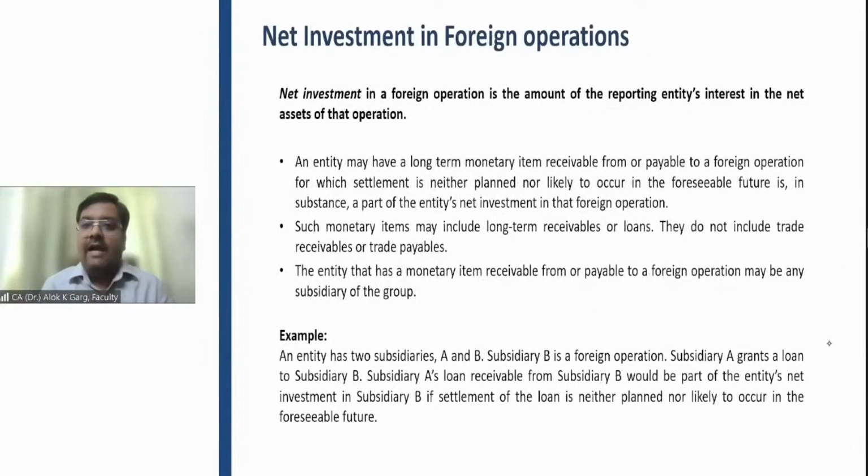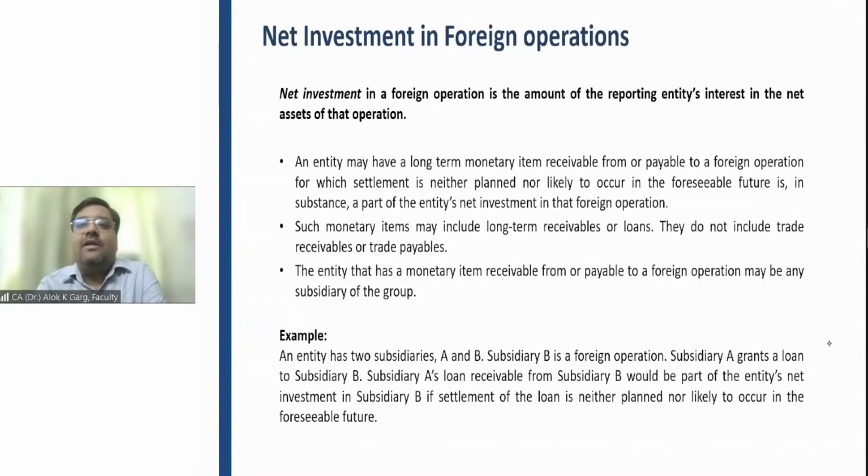And I have talked about the disposal of foreign operations, specifically for the item of goodwill or fair value adjustment as well, right? Remember that we have discussed that assets and liabilities have to be translated at closing rate, P&L has to be translated at average rate, equity share capital has to be taken at historical rate, opening retained earnings as per the closing value, and profit for the year at the average rate.